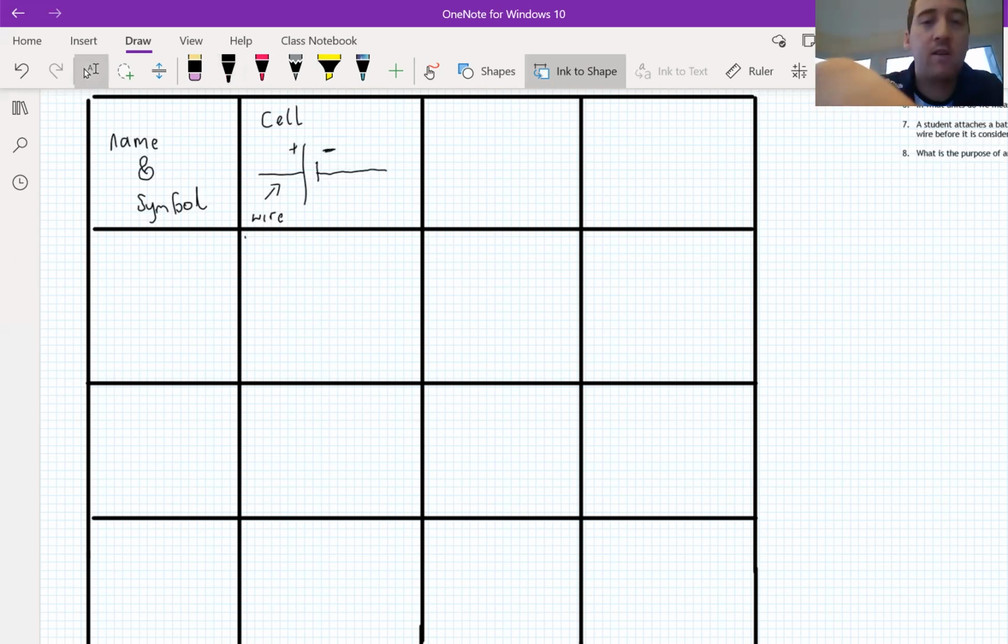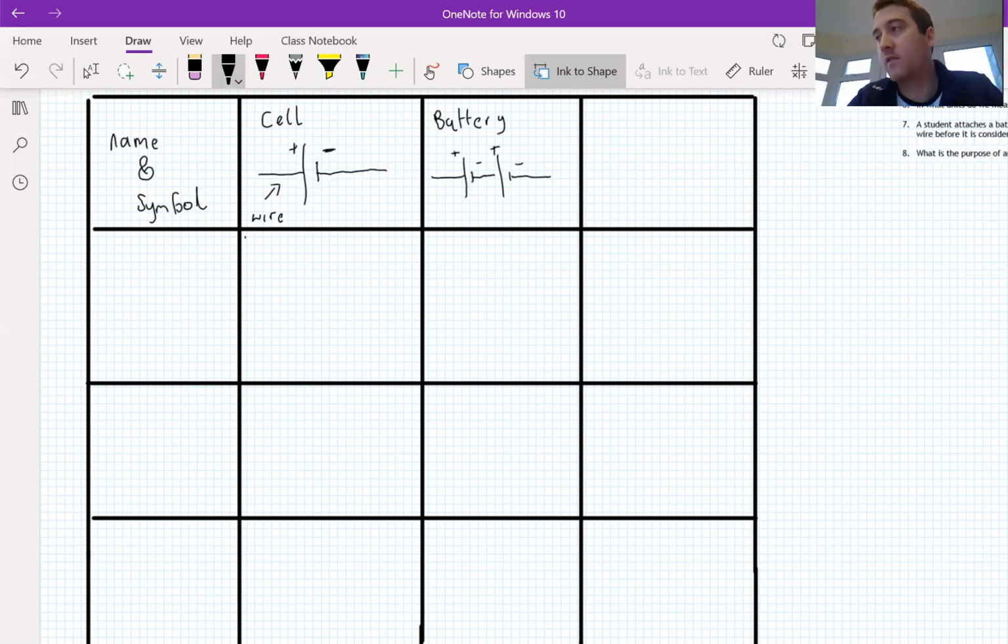This is a battery. A battery is just two or more cells combined end to end. So here is one cell, and here is a second cell. So we've got positive and negative here, and then we've got another positive and negative here.